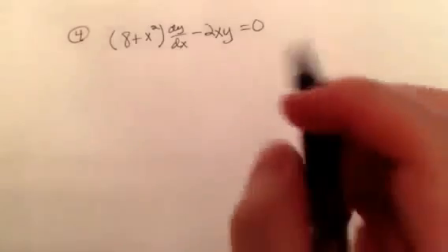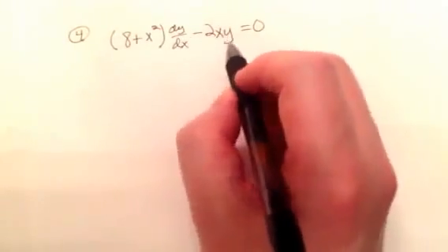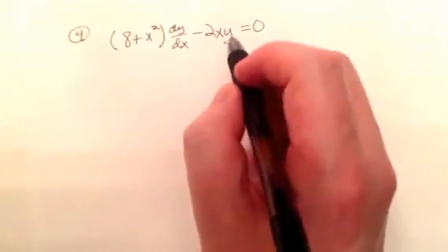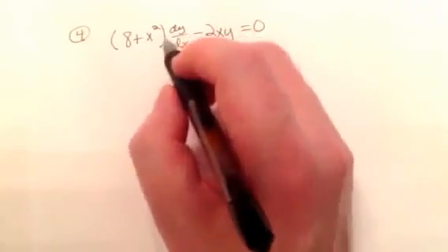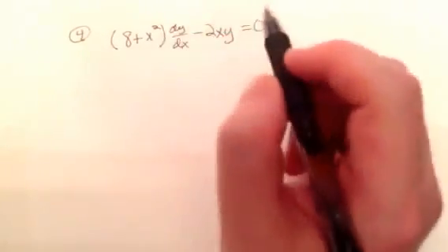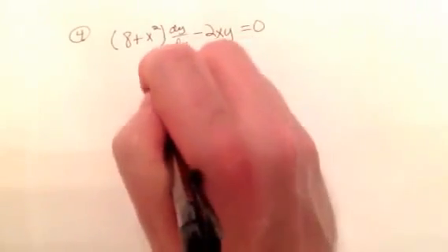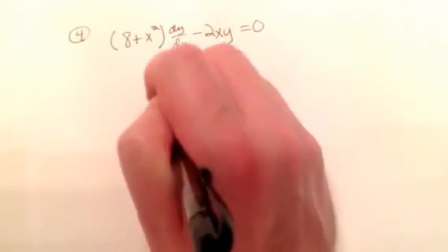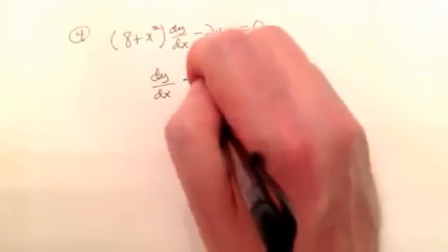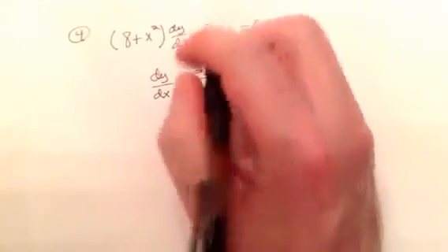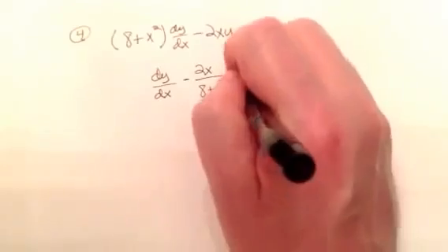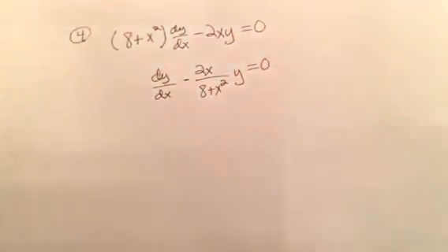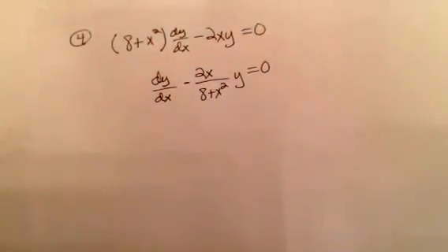First of all, we have the derivative and the linear expression in y, and we want to remove the coefficient in front of the derivative. So we divide the equation by 8 plus x squared, and rewriting, we have dy over dx minus 2x over 8 plus x squared y is equal to 0.